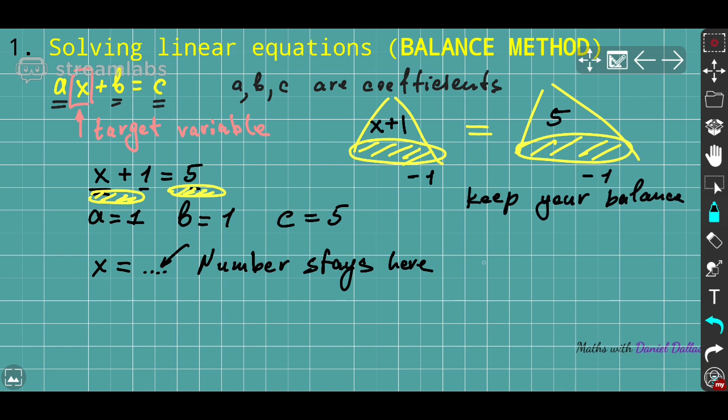You can take away the same number, no matter which. In this case, it's 1 because your final goal is to be left with x only. So that's why you're taking away 1. But to keep the balance, you also need to take away 1 from the right plate. That's actually the idea of the balance method.